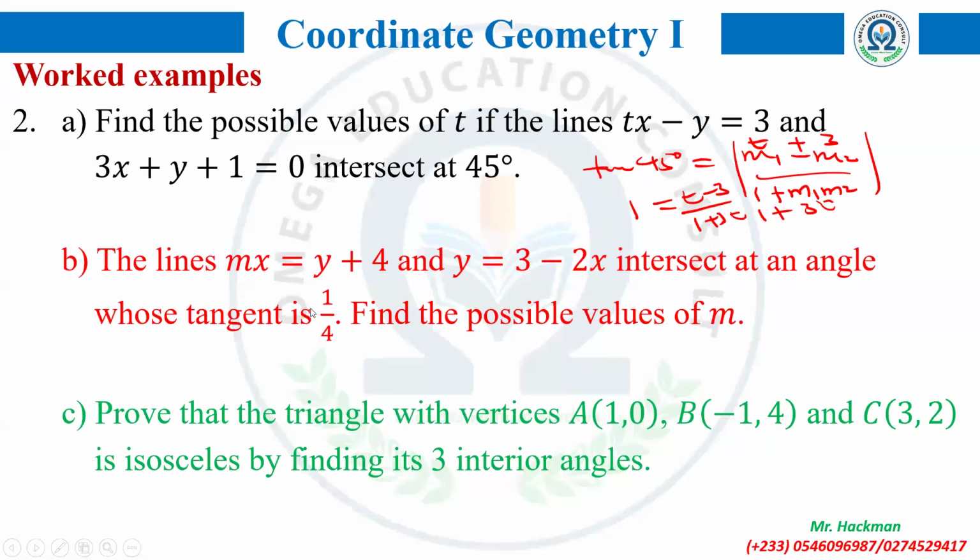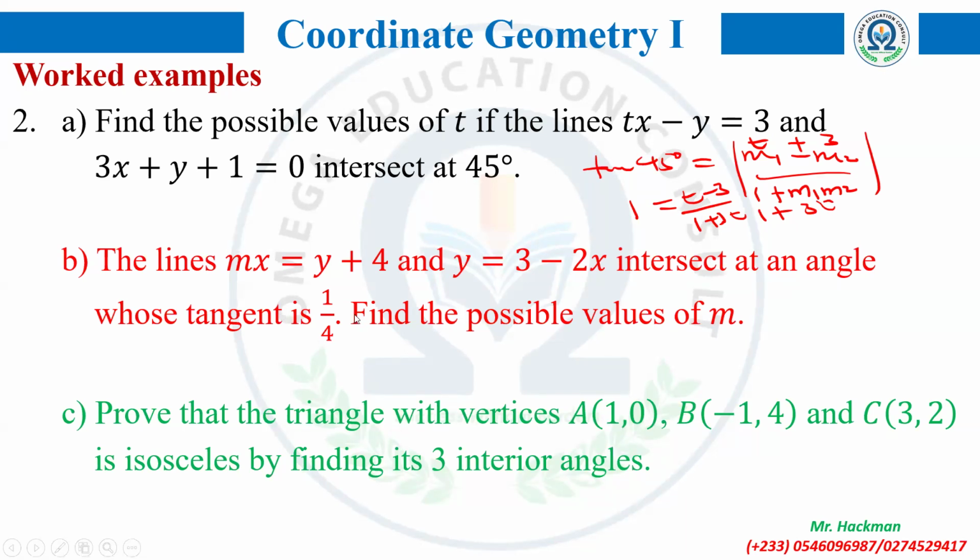He said these two lines intersect at an angle whose tangent is 1/4, so the tangent of that angle is this. So if the angle is theta, tan theta you are told is 1/4. Is it clear from the information?